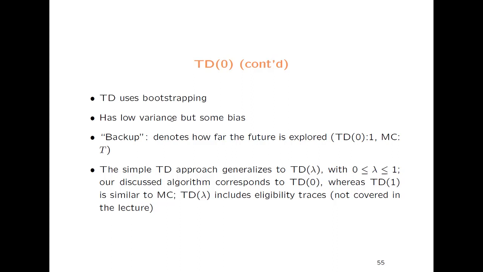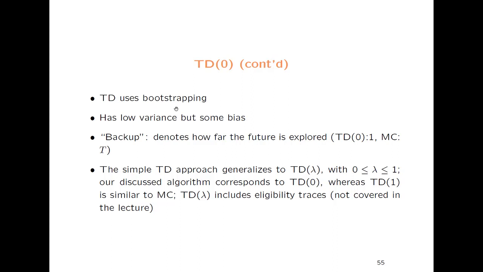It's considered to have low variance, so it needs fewer data points, but might have some bias. There's also a term called backup, which denotes how far the future is explored: TD0 only one step, Monte Carlo until the end of the simulation, big T.